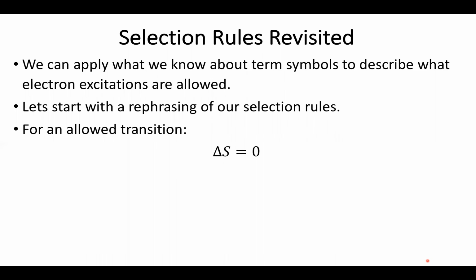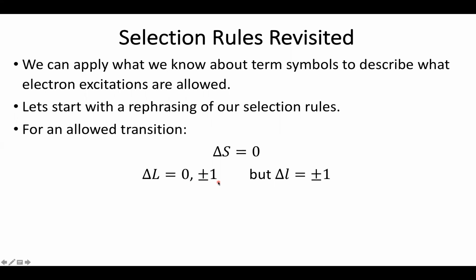m sub s value or my electronic spin. What it will do is it will change my orbital angular momentum. So my total orbital angular momenta can either stay the same or increase or decrease by 1.